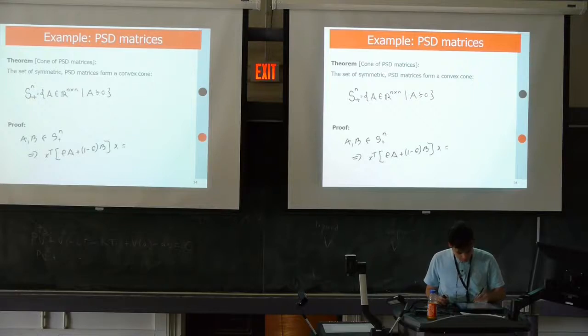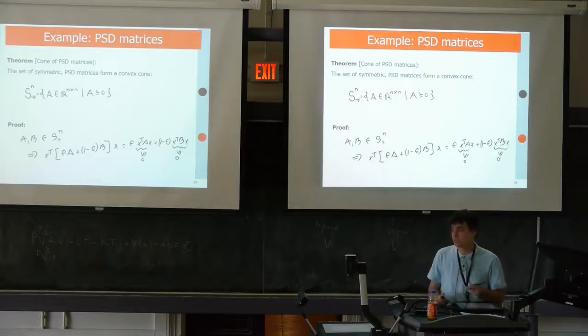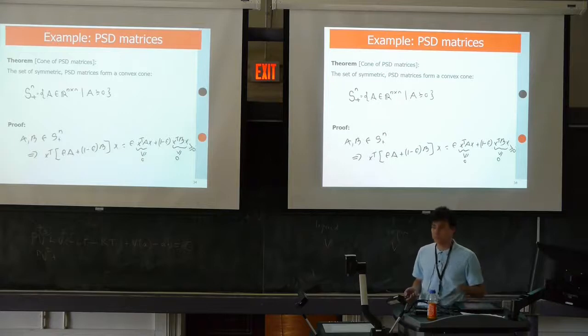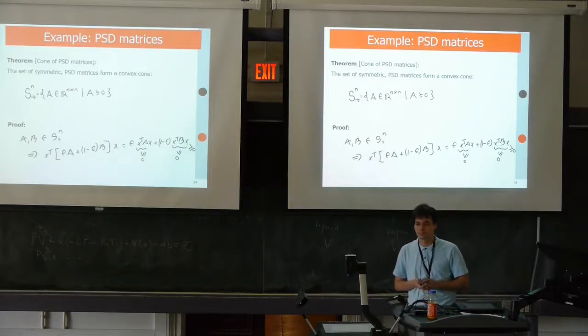And what's this? This is theta times X transpose AX plus 1 minus theta times X transpose BX. This is non-negative because A is positive semi-definite. This is non-negative because B is positive semi-definite. So the whole thing is non-negative. We are done. Good?